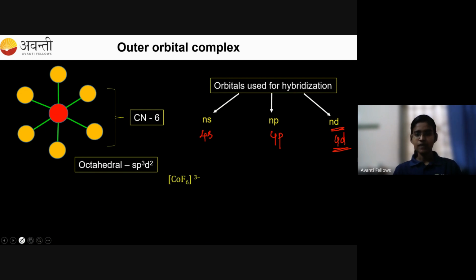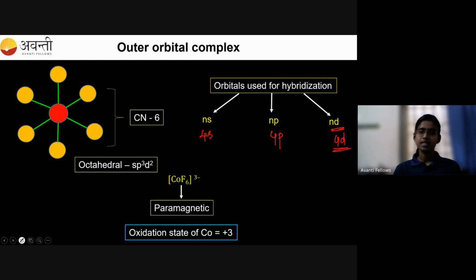[CoF6]3- is taken as the example. Now, this complex is paramagnetic in nature, and the oxidation state of cobalt again here is +3, because cobalt is taken as x, and each fluorine will have 1 minus, and we have 6 fluorines, so it is -6, which is equal to the charge on the complex, that is -3, and x will be equal to -3 plus 6.